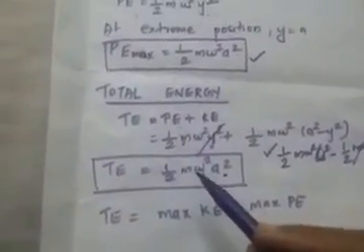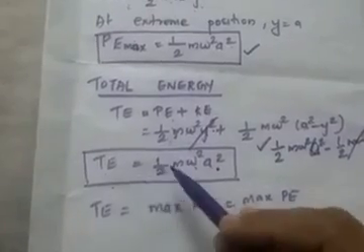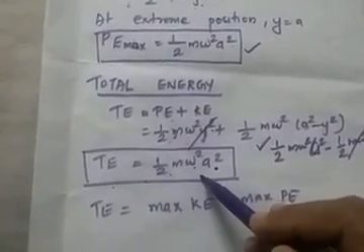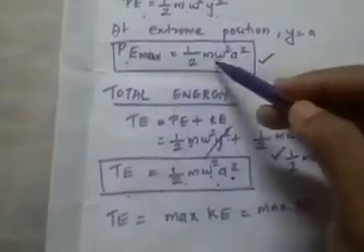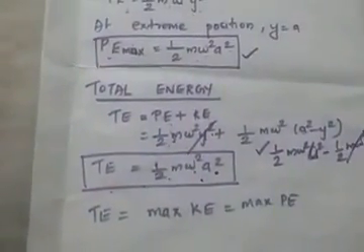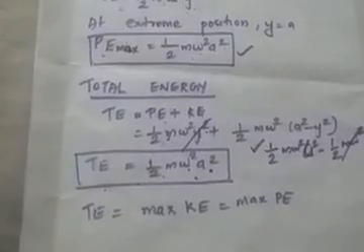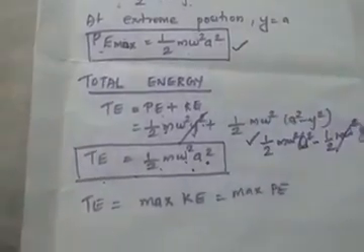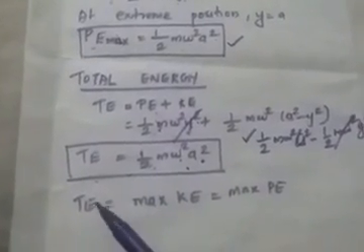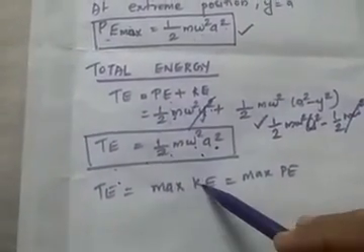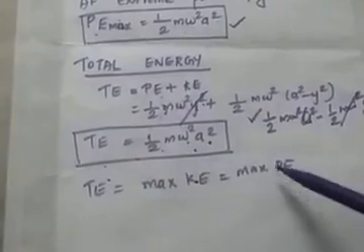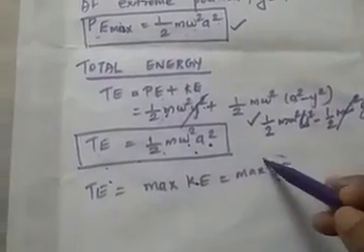From this it is very clear that total energy is equal to half m omega square a square. Maximum potential energy is half m omega square a square. Maximum kinetic energy is also half m omega square a square. So total energy is equal to maximum kinetic energy is equal to maximum potential energy. This is the expression for the total energy of simple harmonic motion.